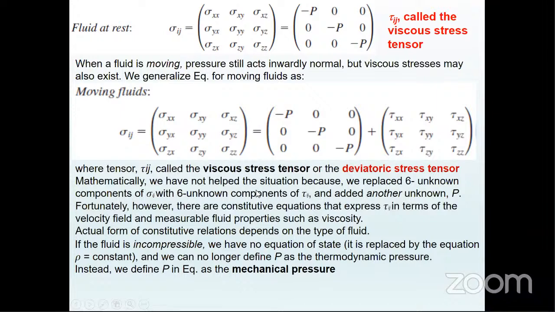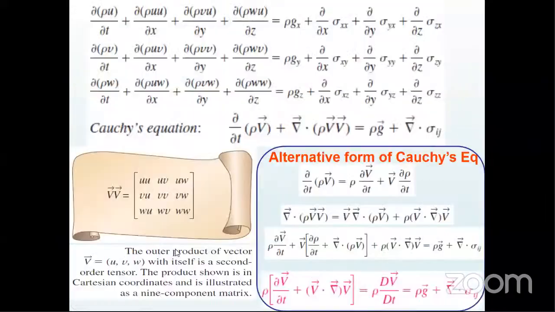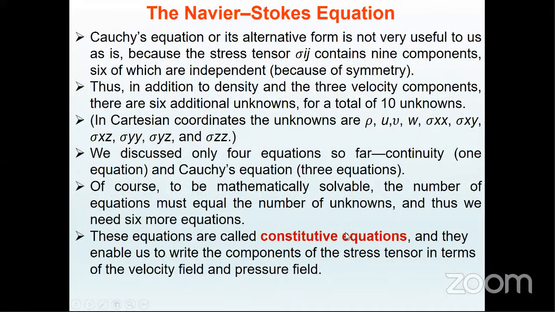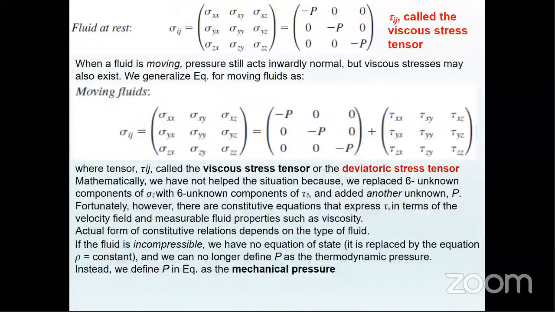Fortunately, there are constitutive equations that express tau ij. These enable us to write the components of the stress tensor in terms of the velocity and pressure field, the change in pressure and the change in velocity of the fluid along the x, y, and z directions. Constitutive equations express tau in terms of the velocity field and measurable fluid properties such as viscosity.